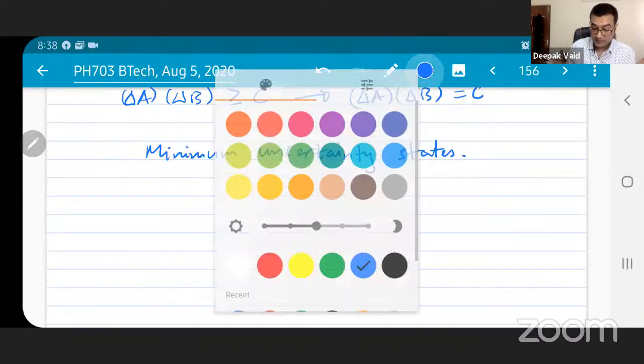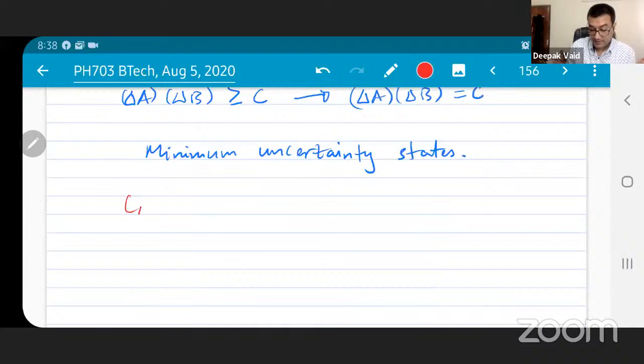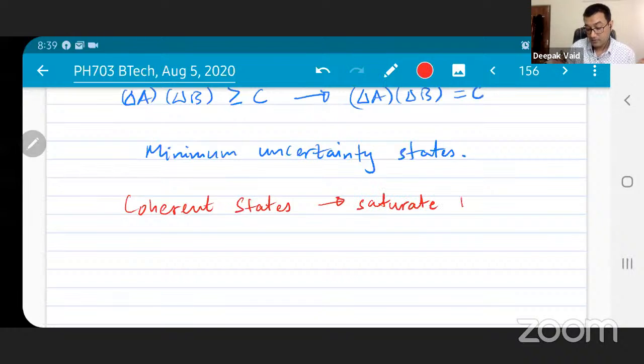Okay, and so states which satisfy this criteria are called coherent states. So these states saturate the Heisenberg bound.